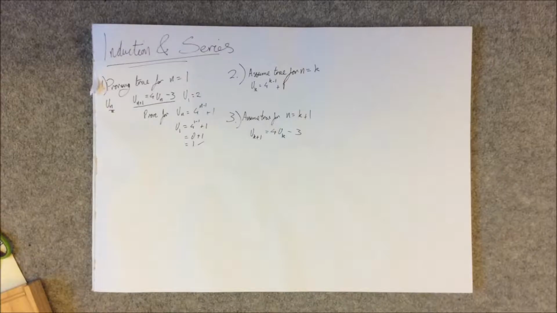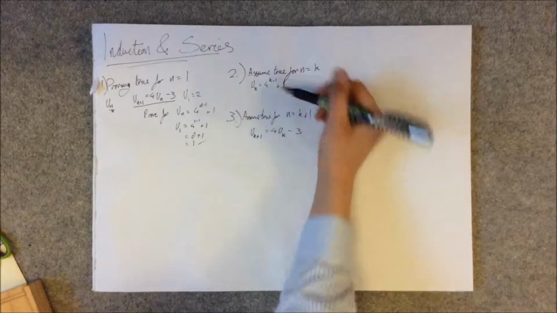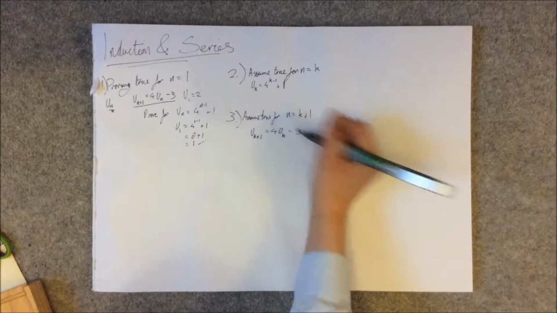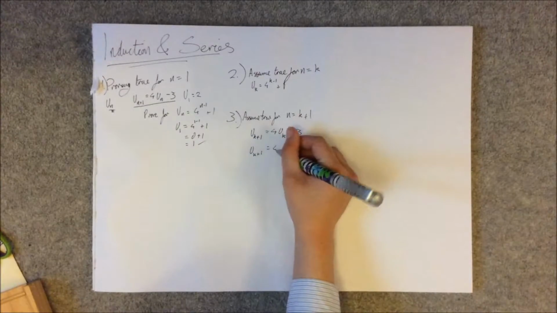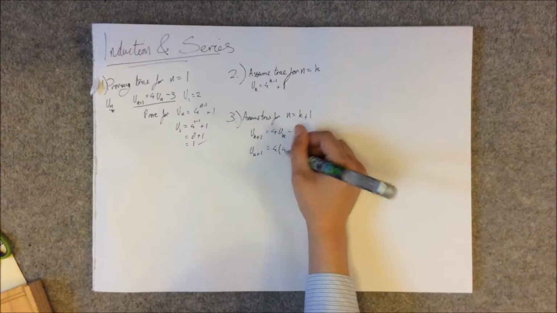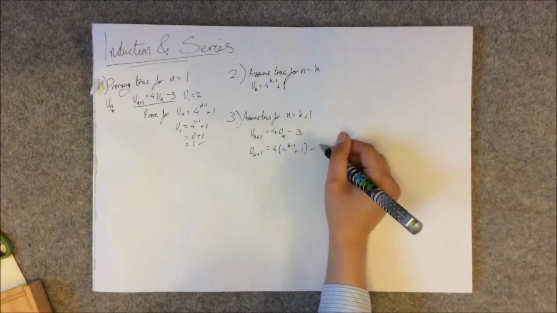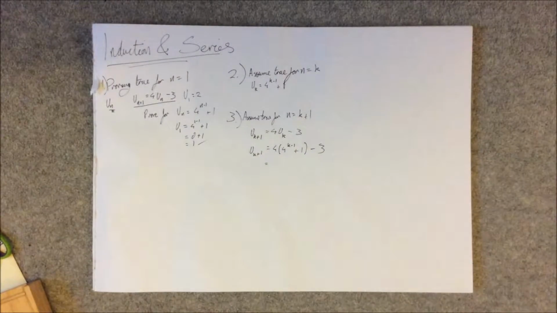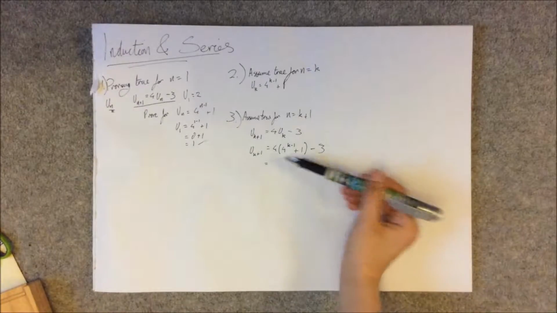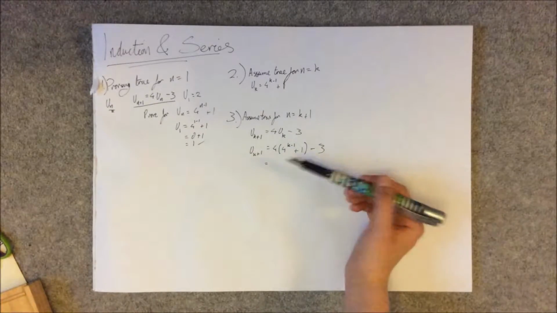Okay. And this is uk. So you already have an equation for uk up here, so you simply sub this equation into here. So you've got uk plus 1 equals 4 times (4 to the k minus 1 plus 1) minus 3. And if you multiply this out, if you know anything about how indices work, 4 to the k minus 1 times 4 is the same as 4 to the k minus 1 times 4 to the 1.